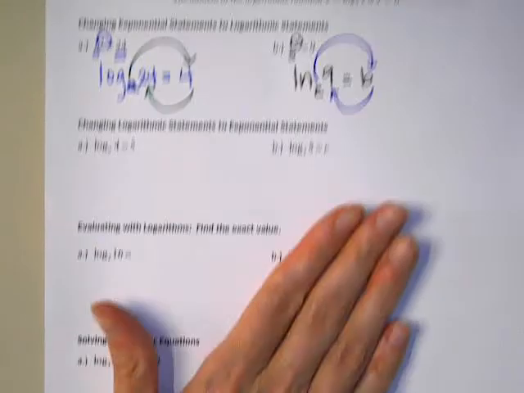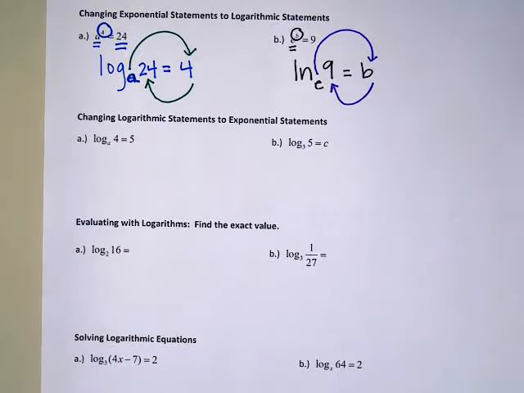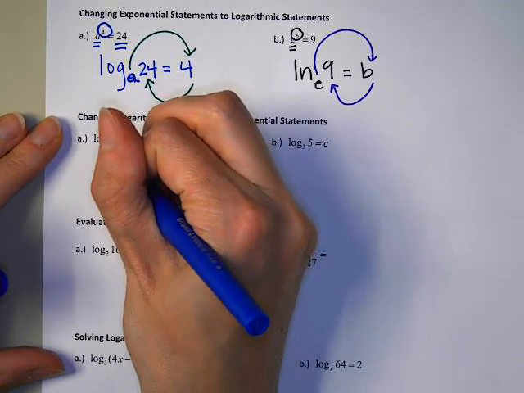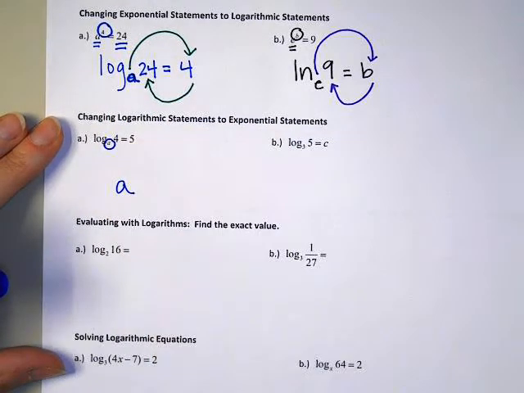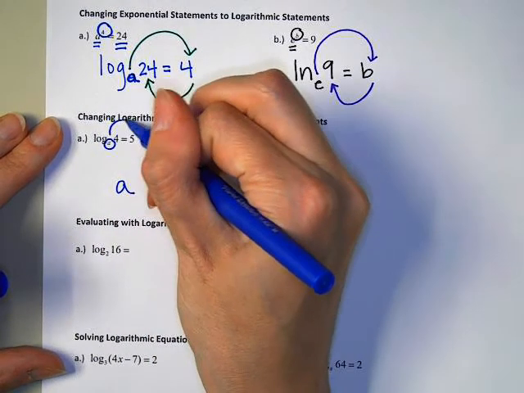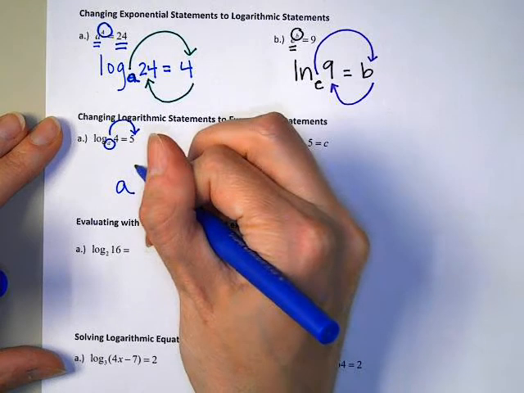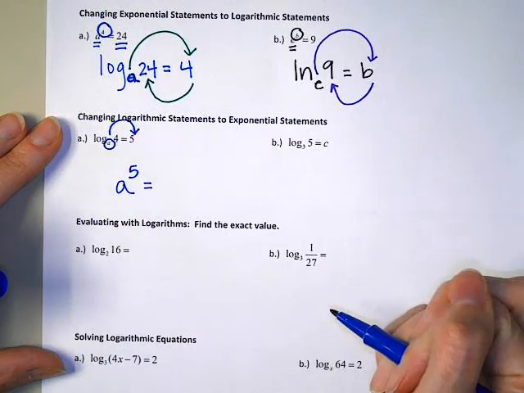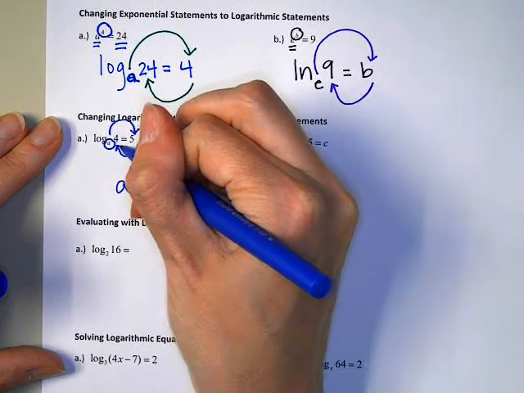Now, how do we go backwards? If I give you a log, can you write it as an exponential? And you would say, yes, I can. So, remember the little number is actually the base. Circle of life, the 5 is the exponent, and it's going to equal the 4.